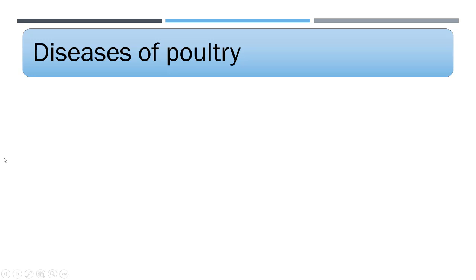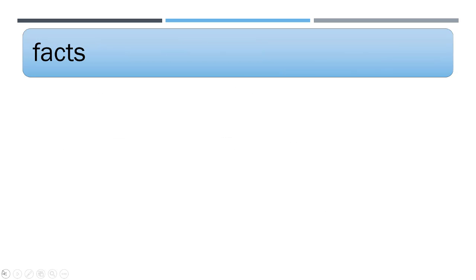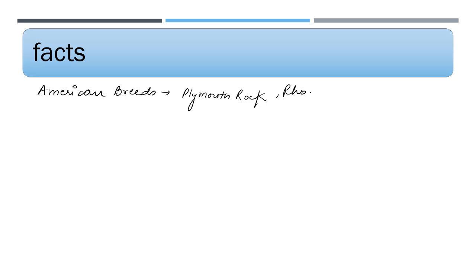Now, there are different varieties. Some of the names you should remember, like Asil, Chittong, Malay, Ghas, Busra. They all are local varieties of desi indigenous breeds. Then the Mediterranean breeds, American breeds, Asiatic breeds. Plymouth Rock, Rhode Island Red, Jersey Black Giant, New Hampshire.